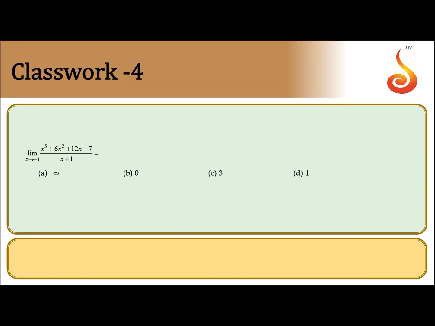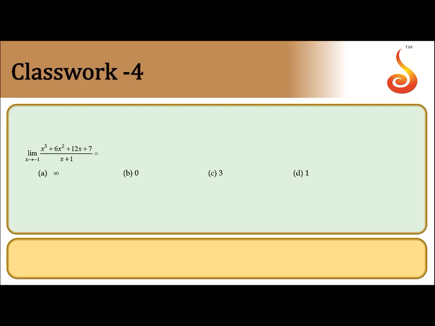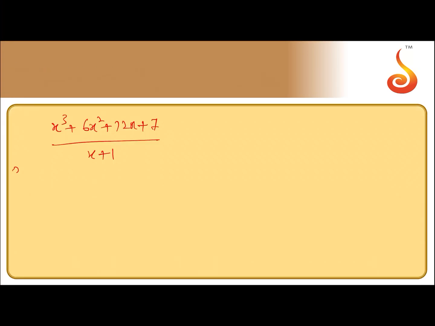Coming to the fourth one, limit as x tends to minus 1, x cube plus 6x square plus 12x plus 7 divided by x plus 1. As x tends to minus 1, the summation of these terms will be minus 1 plus 6 minus 12 plus 7, which is equal to 0.